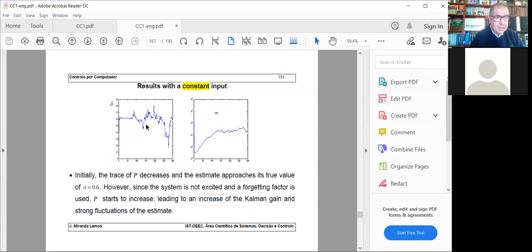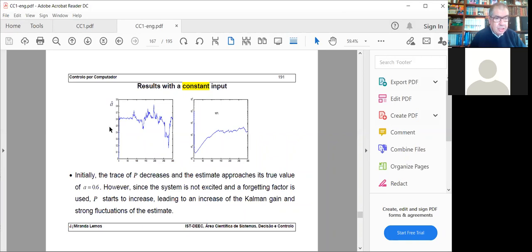This is the first case in which my input is a constant. See what happens. When I apply a constant, there is an initial transient because the system was with a 0 initial condition. It responds to that constant, so it's like a step.